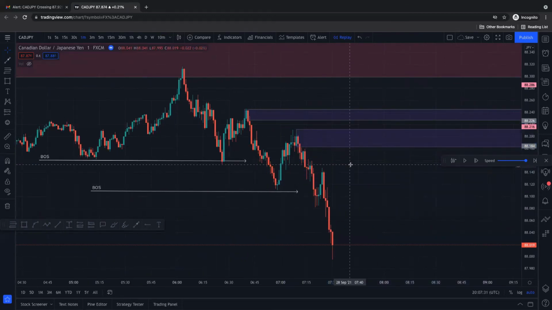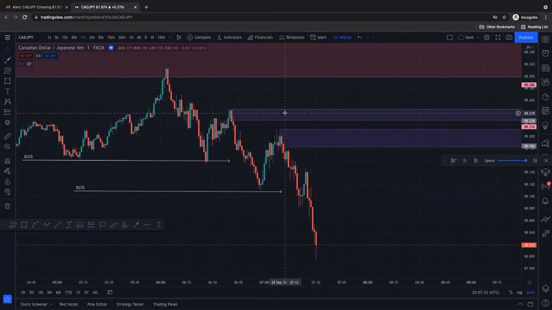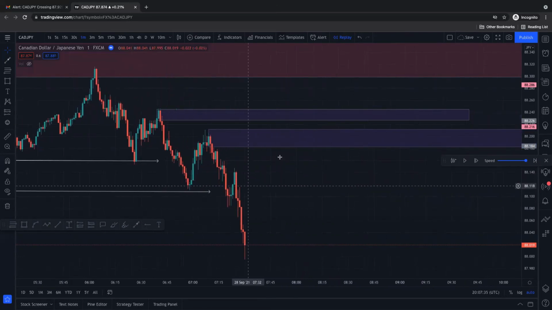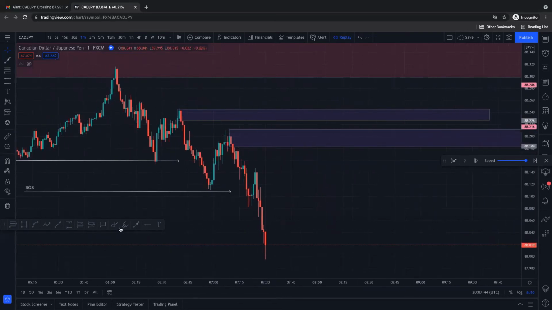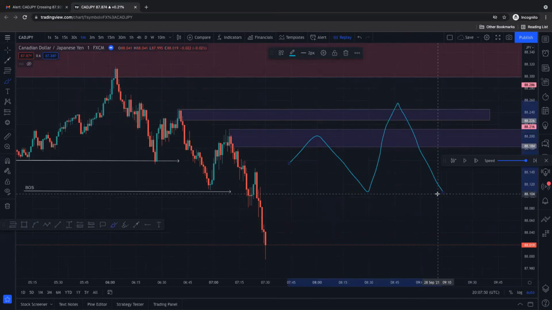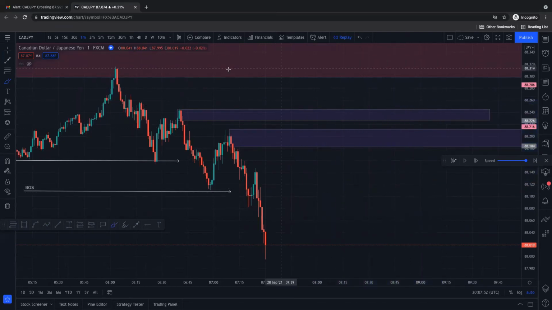So we have two points of interest here, and the first one is not mitigated. So bear in mind, the price may just come here, then fall like this. Price comes like this, reacts from here, and then again comes, and may react from here. So most probably, I'm going to play on both.